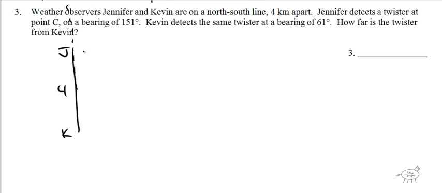And if this to the right is 90, this is about 151 going down this way. Okay? Kevin detects the same twister at a bearing of 61 degrees. So again, here's the bearing line kind of built into the triangle, but here's 61 degrees here.